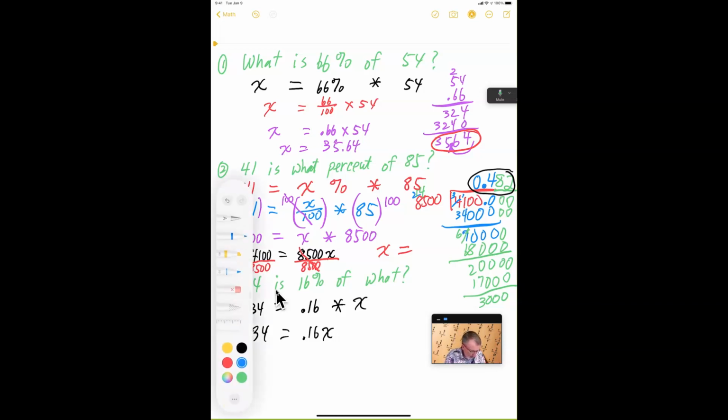Well, we ought to be able to divide by 0.16, both sides. And then we'll know what x is. X is equal to 34, let's see, 34 divided by 0.16. And we're dividing by a very small number, so it should make it bigger.